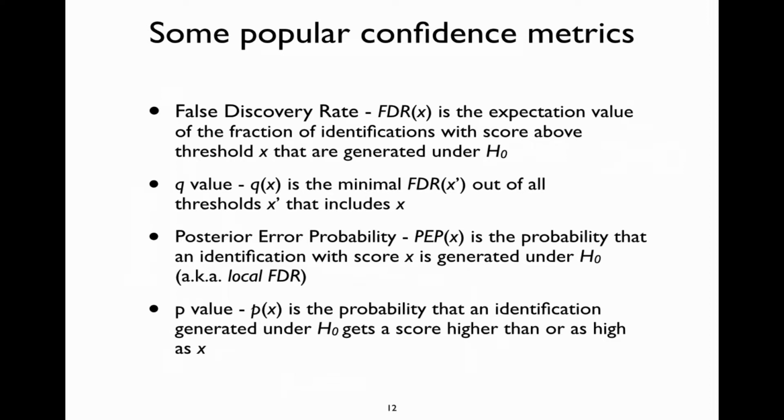We have as well the posterior error probability, also known as the local false discovery rate, and that is the probability that an identification with score X is generated on a null hypothesis. And of course, we have the p-value still. However, this is best used for any experiment where we only have one single trait measured at a time.